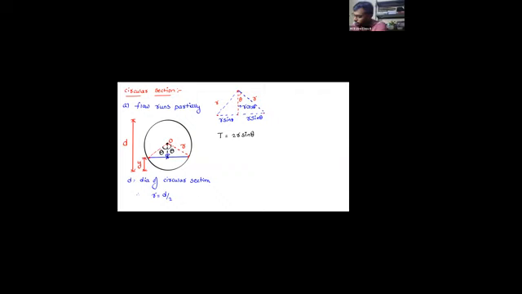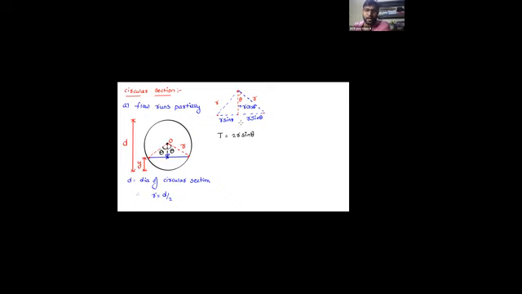Okay. Now, what about the flow area? Once you know the top width, then you can find out the flow area and the wetted perimeter.